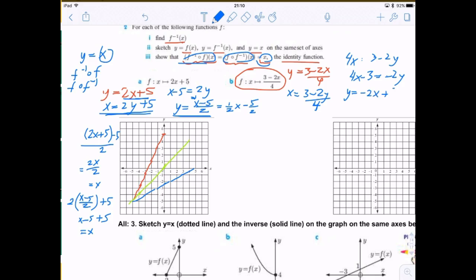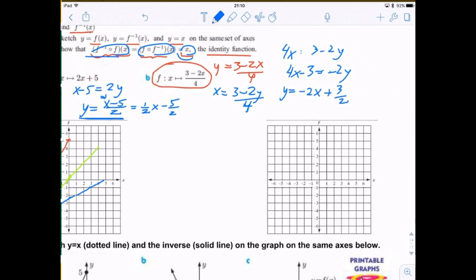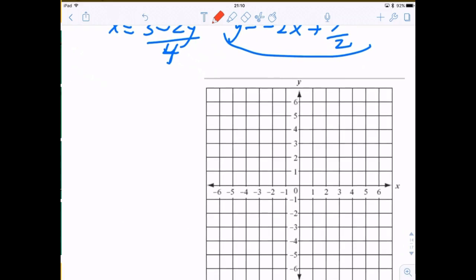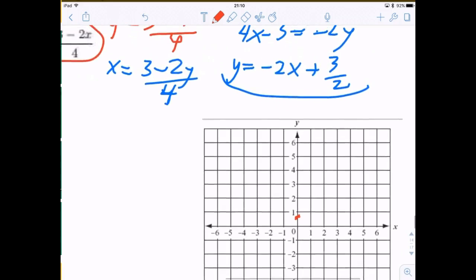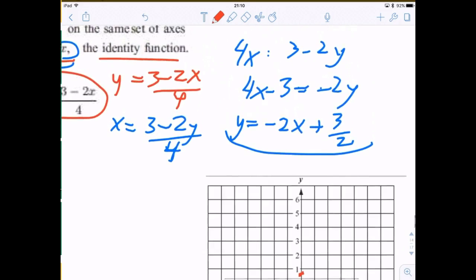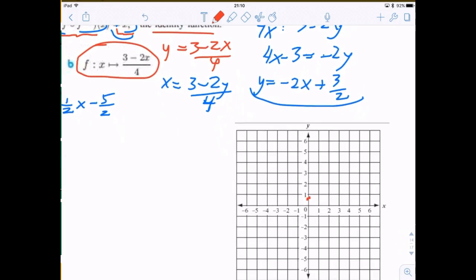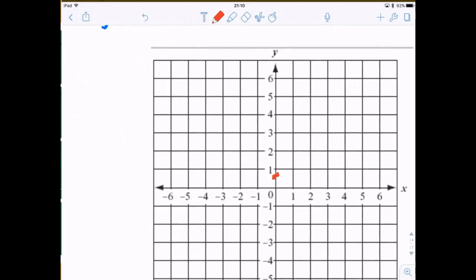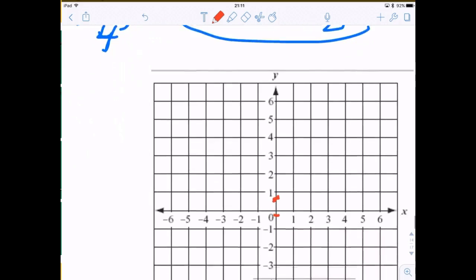-2x plus 3/2. So now we can graph this function and the original red function. The red function would be 3/4 minus 1/2 x. So the y-intercept is going to be 3/4, and the slope is -1/2, which would be a rise of -1 and a run of 2.